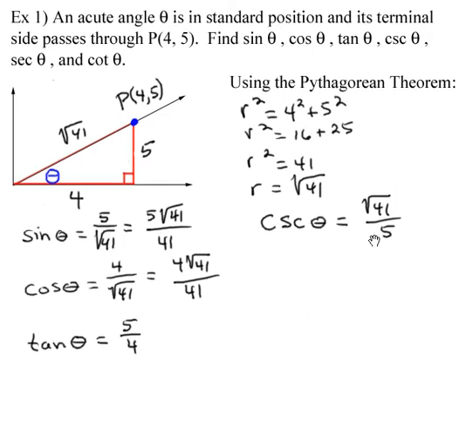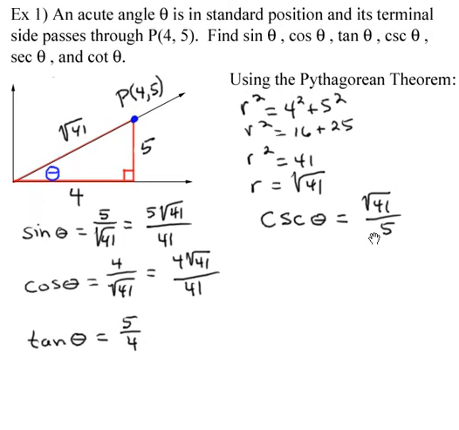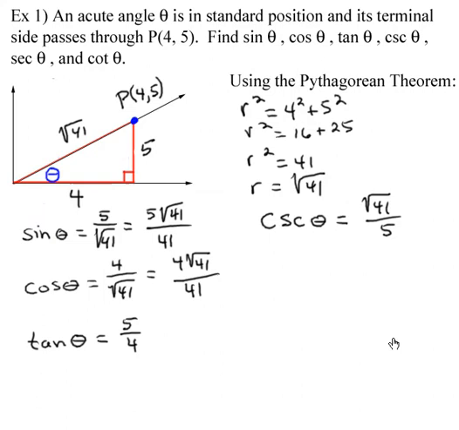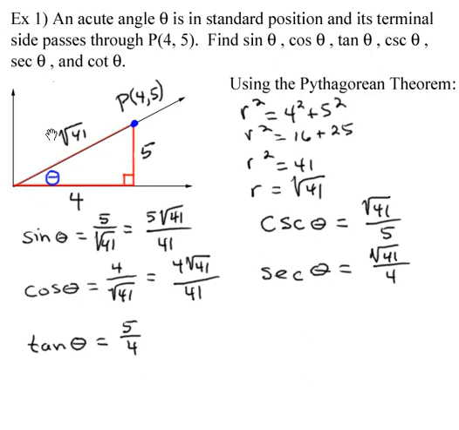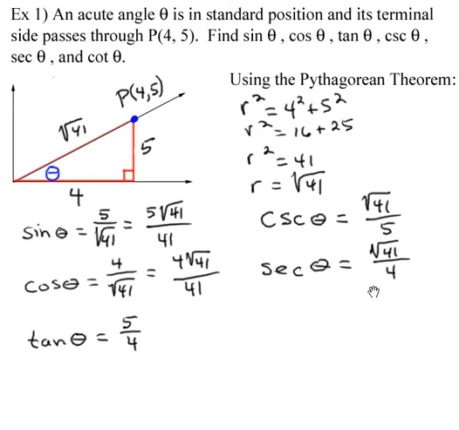No radicals in the denominator, so we don't need to simplify that fraction anymore. Secant is the reciprocal of cosine, and secant, playing pin the tail on the donkey, that's the funniest one, so that's ha, ha, ha. So putting the hypotenuse, square root of 41, over the adjacent, which is 4, that's the square root of 41 over 4, and again does not need to be reduced.